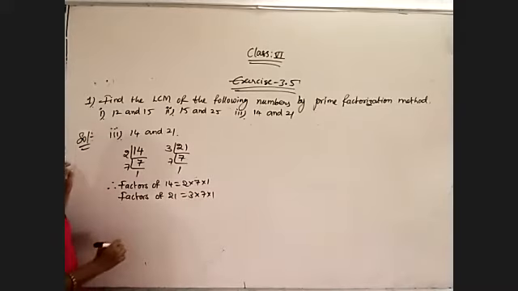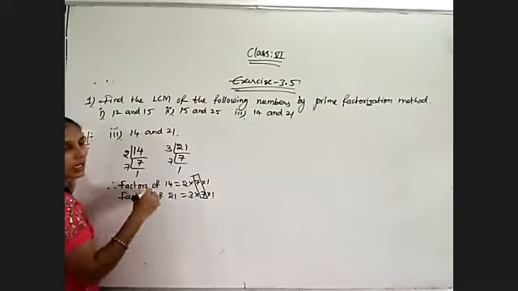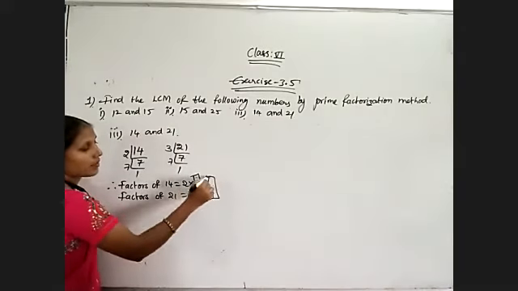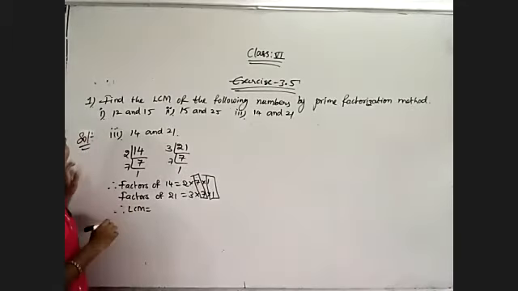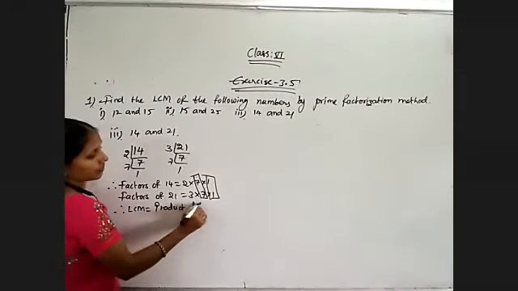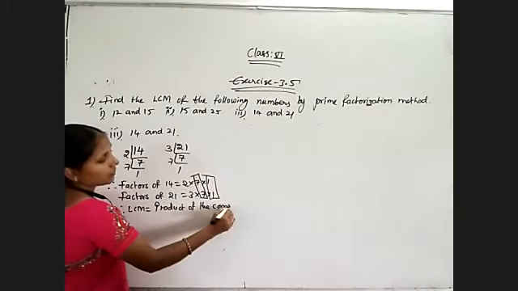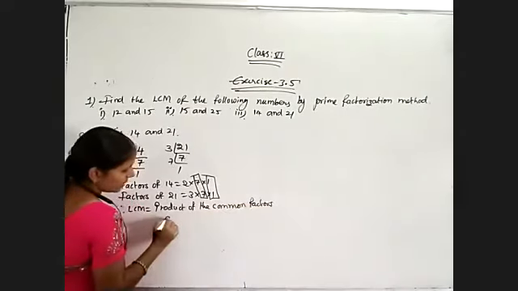Now identify the common factors. So 7 is the common factor for both the numbers and 1 also is a common factor for both the numbers. Therefore, LCM is equal to product of the common factors and remaining factors.